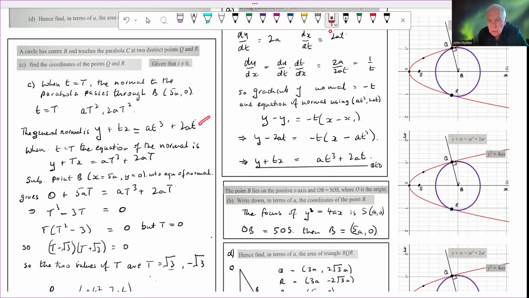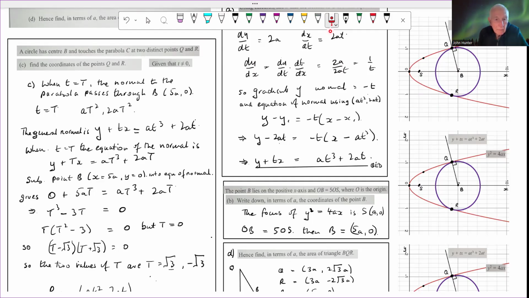What's the equation of this thin black line coming down here? So when t equals T, the equation of that normal is going to be, okay, we're going to use this. This is from part A. Substituting T, we're going to get that.